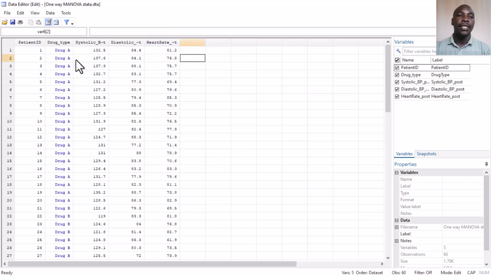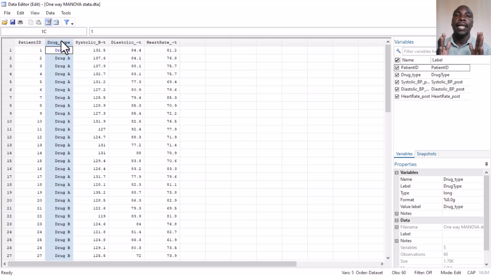You want to assess whether there are differences in the effect of these drugs on the combined effect of the 3 numeric outcome variables. In this case, a one-way MANOVA will work since we only have one independent categorical variable. If we had 2 independent categorical variables against these outcomes, then that would be a 2-way MANOVA.